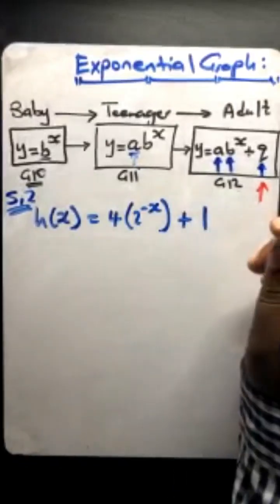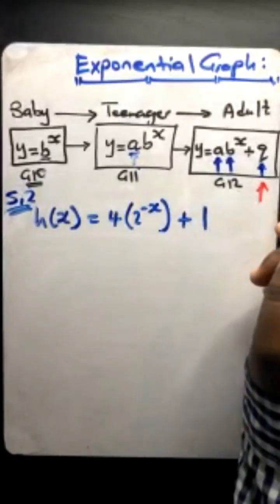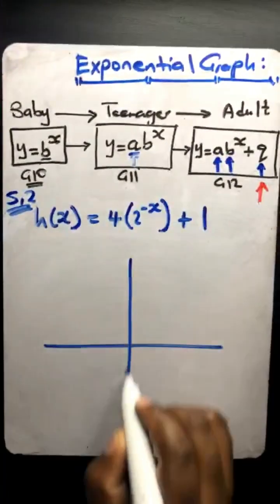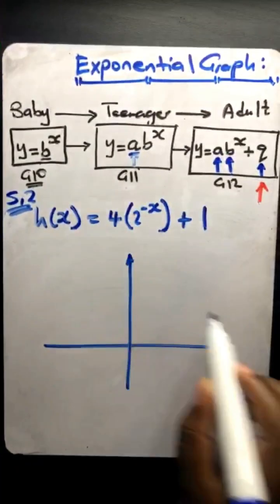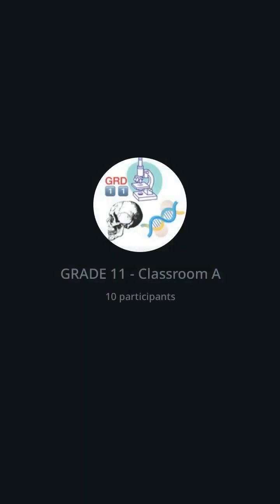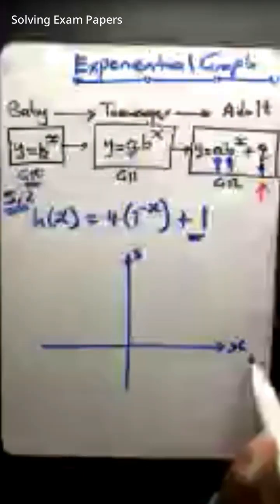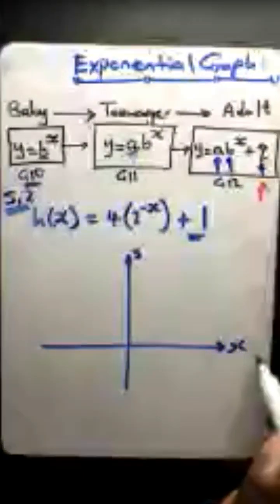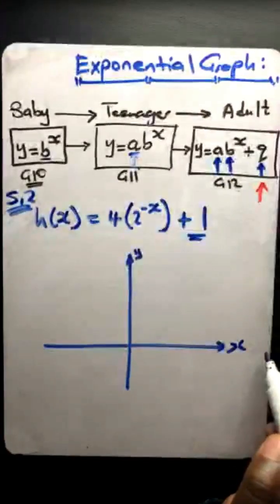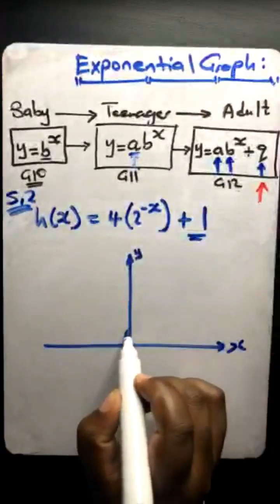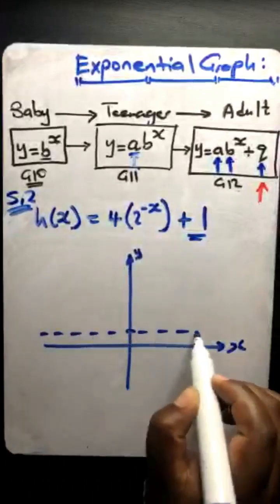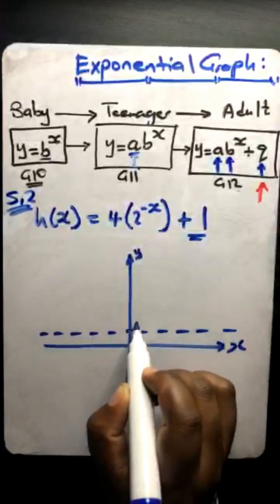So here, something that I need to explain, I think I did not include this in the intro. If you remember, I said this tells us more about the vertical shift. So this means our equation of asymptote is now at y equals 1 there.